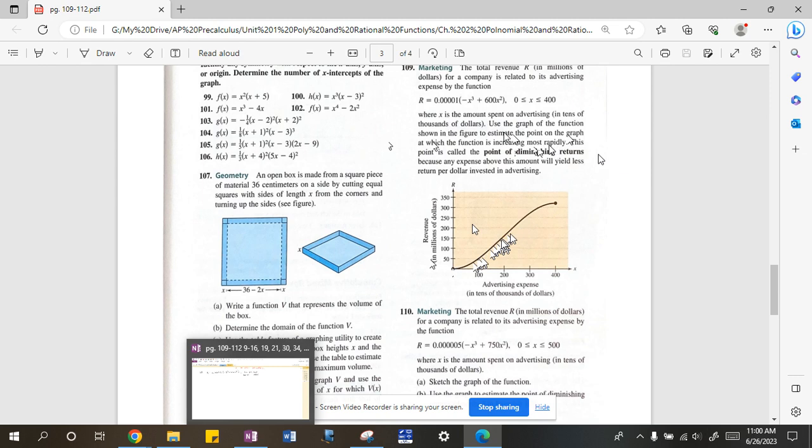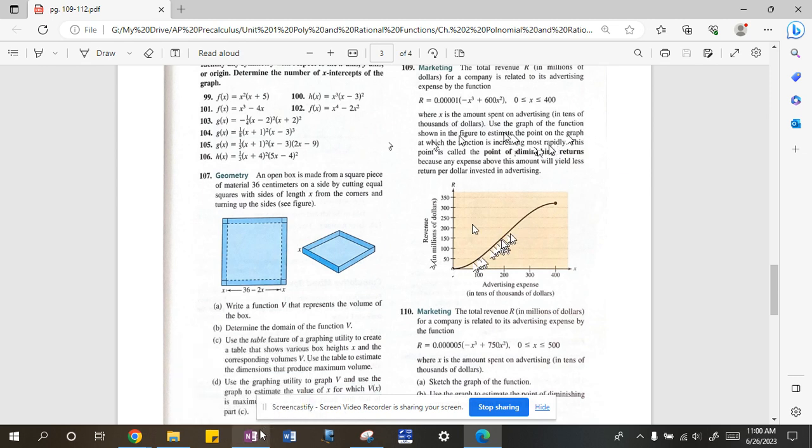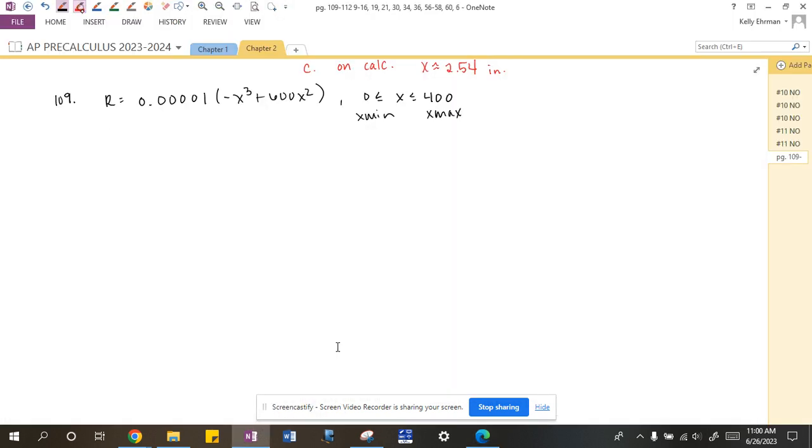X is measured in tens of thousands of dollars. So we're going to say the point of diminishing returns is about 200. They want the point, so about 200, and I'm going to call that like 150. Technically it's 200, and the label would be tens of thousands.